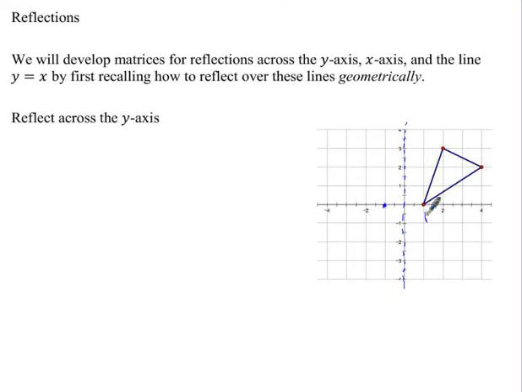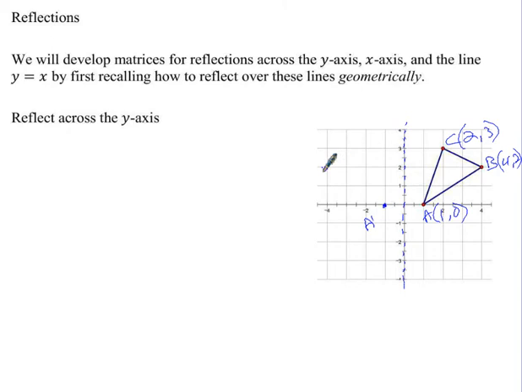Let me call these points letters, A, B, and C. The coordinates here are 1, 0. For B we have 4, 2. And for C we have 2, 3. So I reflect across, and now I have A prime. I reflect across, 1, 2, 3, 4, 1, 2, 3, 4.